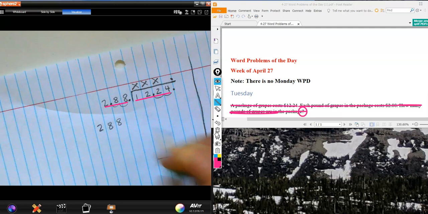And 6 minus 5 is 1. 144 is less than 288. Oh, I'm still going to annex another 0. Drop it down. And now I have 1,440.